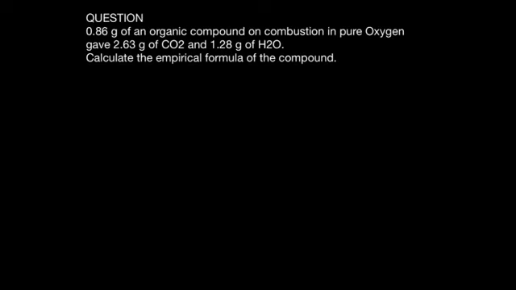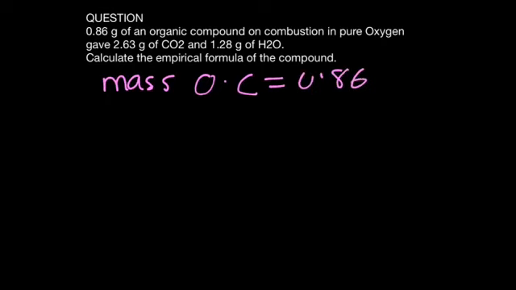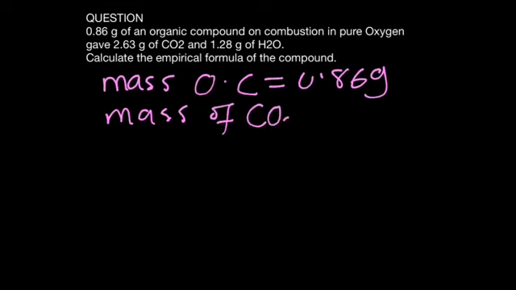Alright, let's go ahead and summarize the information we have in the question. We have the mass of organic compound, we'll just write OC, which is equal to 0.86 grams, and then we have the mass of carbon dioxide produced to be 2.63 grams.